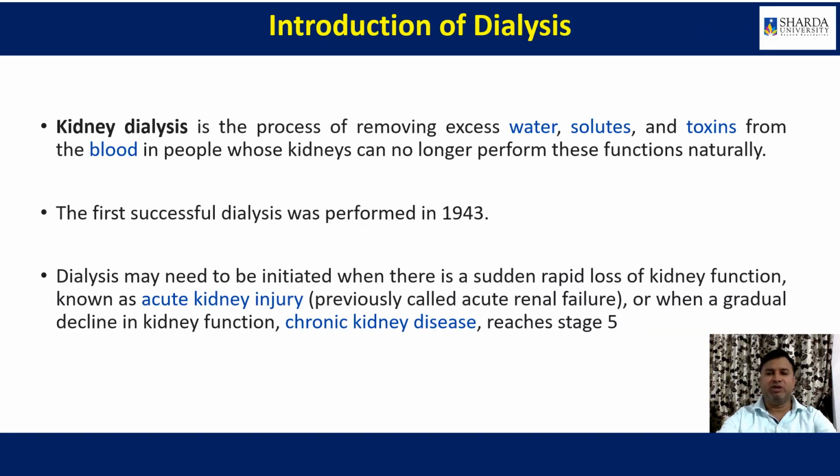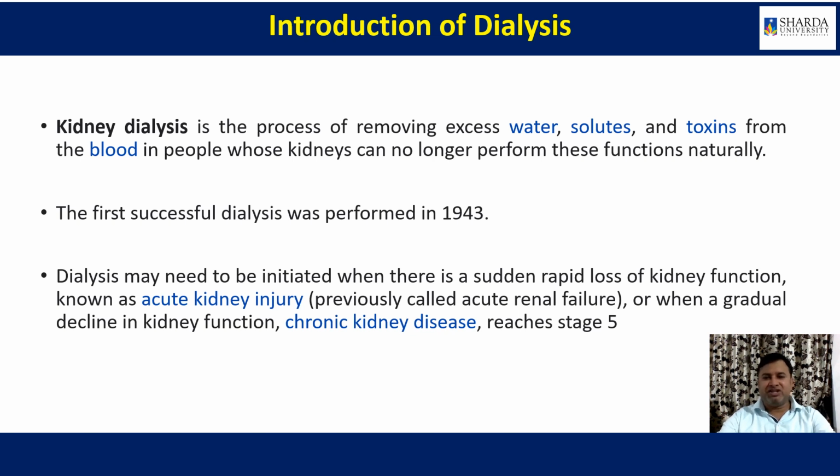Now we will cover the topic hemodialysis. What is hemodialysis and what is the requirement of dialysis? Hemodialysis is needed when a problem occurs in the kidney. We know the function of the kidney: it removes excess water, solute and toxin from the blood.